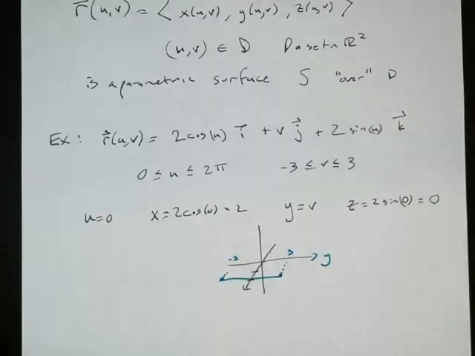The y values go from -3 to 3. The x value is stuck at 2, and the z value is stuck at 0.